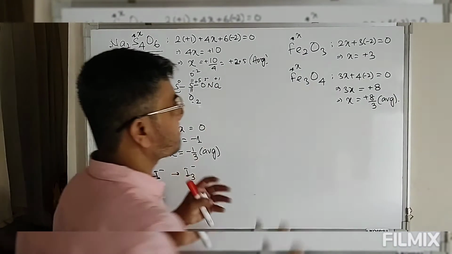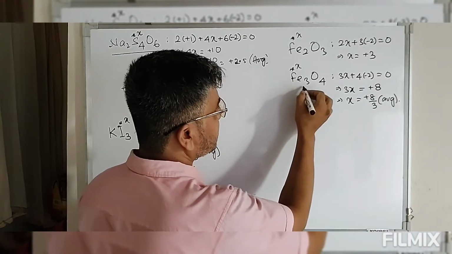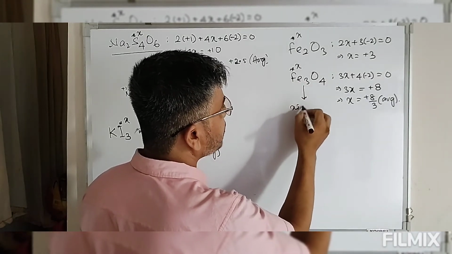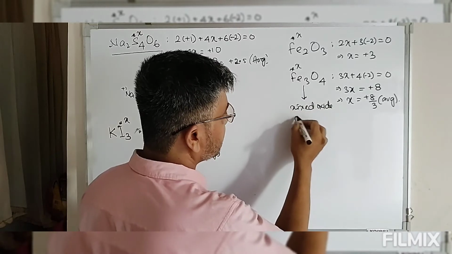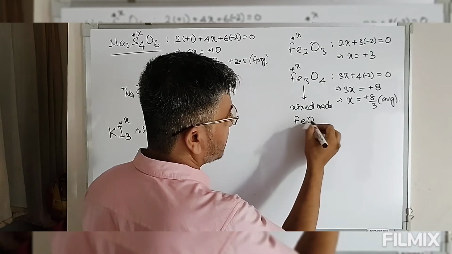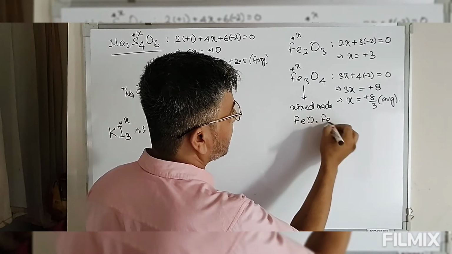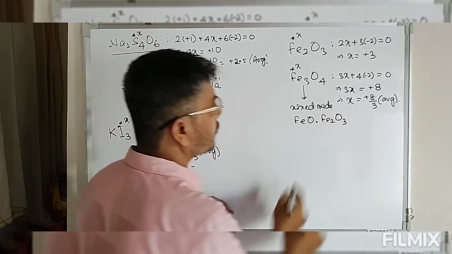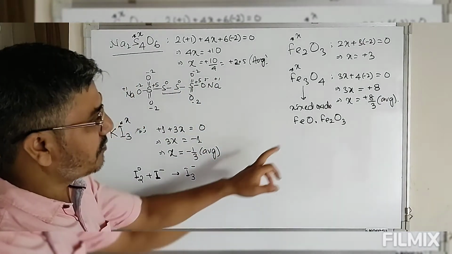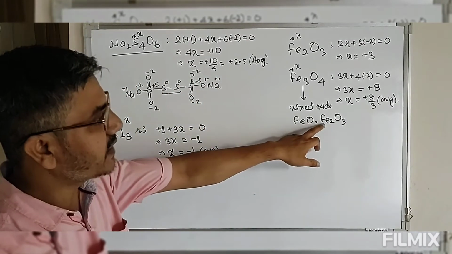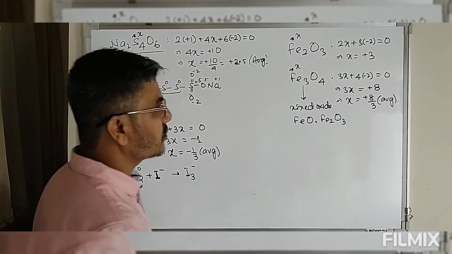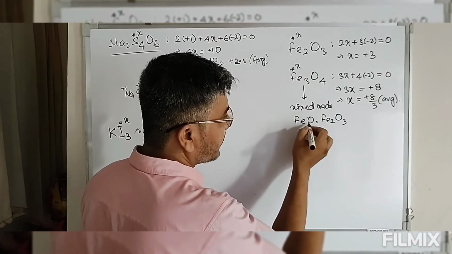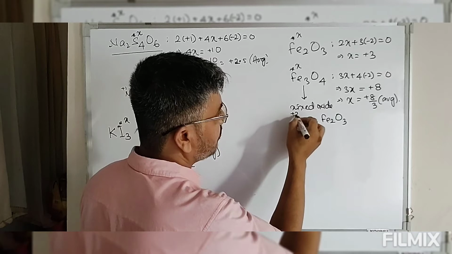Now look at this. This iron oxide is a mixed oxide. It is not a pure oxide, this is a mixed oxide formed by the combination of FeO and Fe2O3. So the combination of FeO and Fe2O3 gives you Fe3O4. Now look at this. In FeO, iron is plus 2.